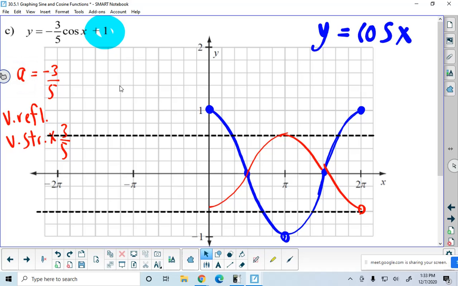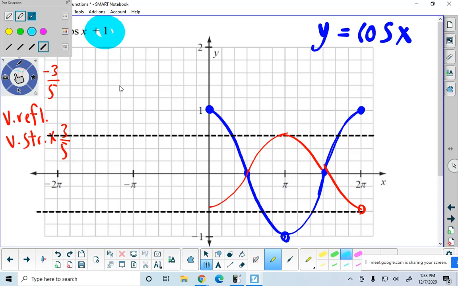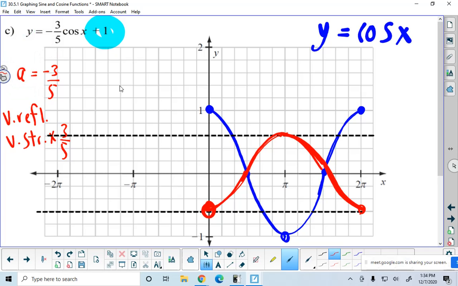Since there's a vertical stretch by a factor of 3/5, it's going to start at 3/5 and go down to -3/5. But since there's a reflection, it starts at -3/5, which is here, and does the opposite. It goes up, and then it has to continue up, down, and down. So does anybody have any questions about that? That's not the answer to the question, because we still have to shift it up 1.